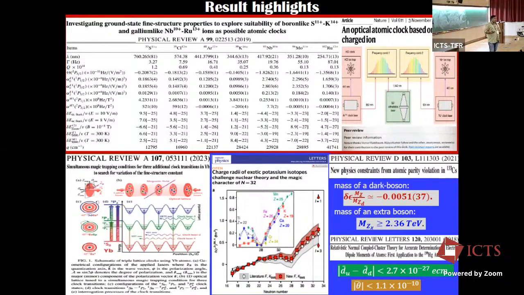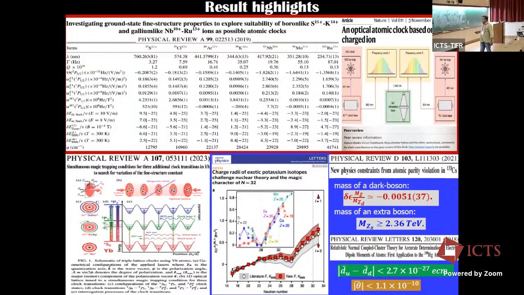Because you have three transitions in the same atom which can be used for atomic clocks, the systematic effects will be almost similar. So you measure the three clock frequencies and their frequency ratios. If they can measure that for 2-3 years or so, from there we can try to get some information about the variation of the fine structure constant. That is the idea. We tried to get it published in PRL, but we were unsuccessful.